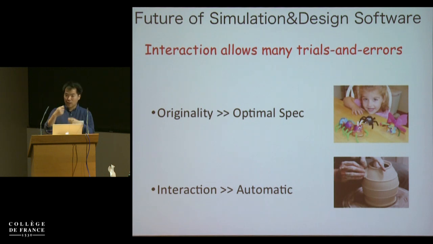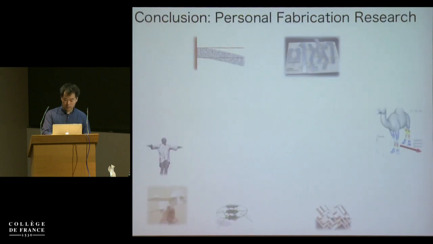But while doing this kind of knitting, people can get more and more emotional affection for the object. And this kind of interaction with physical material is enjoyable for many people. So I think future design and simulation software for functional objects should respect originality and interaction more, so that people can have more trial and error to explore their original designs.